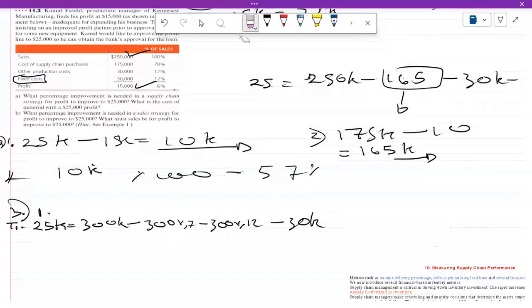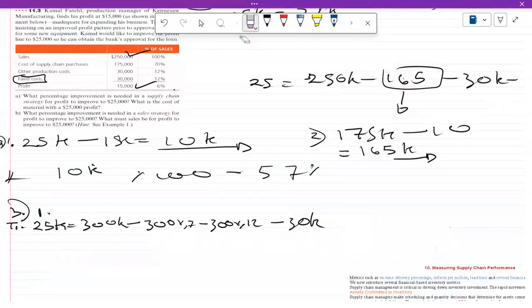25 minus 300K. 300K minus open bracket 300K multiplied by 0.7 minus 300K multiplied by 0.2 minus 30K.